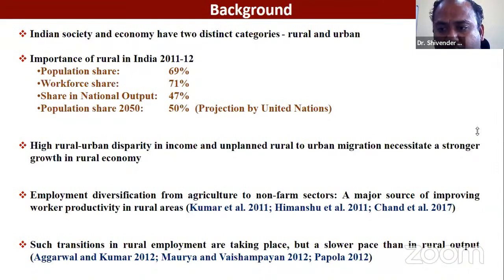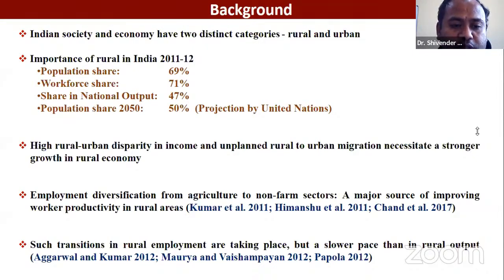So we have sufficient evidence that rural activity is still predominant in the country, and that's why it is utmost important that we make rural areas stronger. Why stronger?